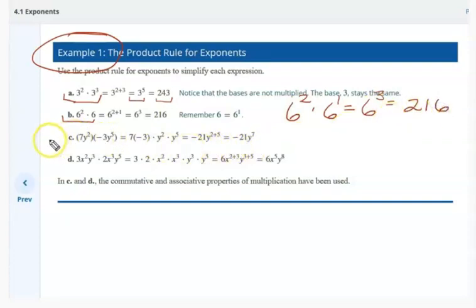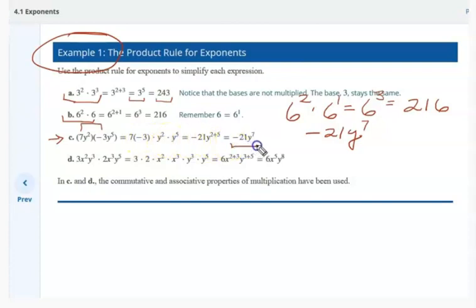Now, as we look at example C here, it's in 2 parts. Well, in the product rule, we're going to multiply our numbers. 7 times negative 3 is a negative 21. And then we add the 2 and the 5 gives us y to the 7th. And again, they're showing you an intermediate step that you don't have to write, but kind of know what's going on.